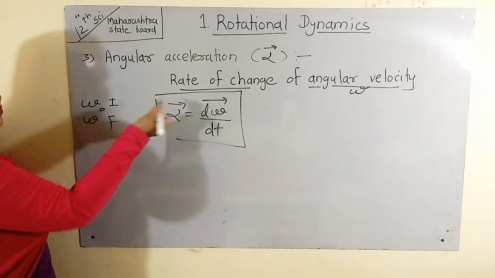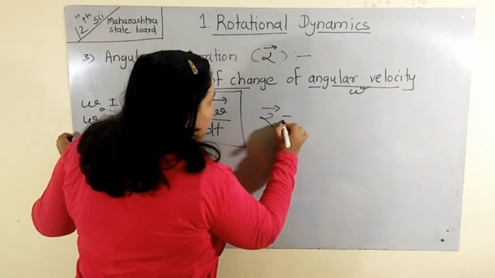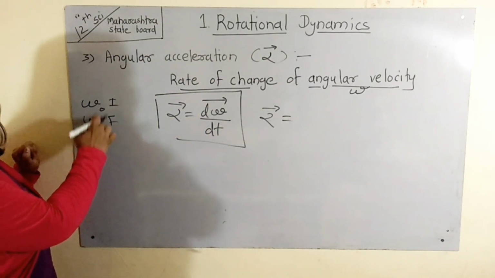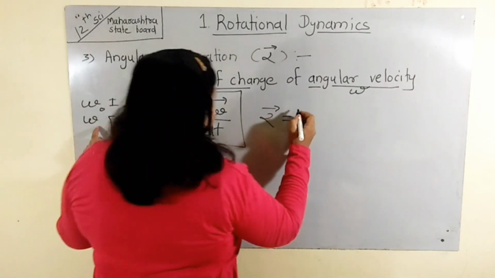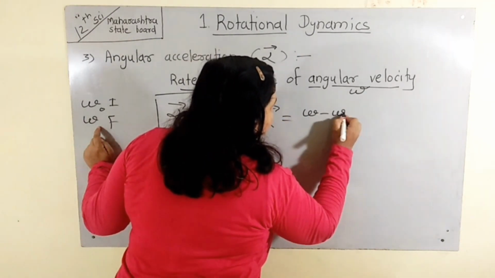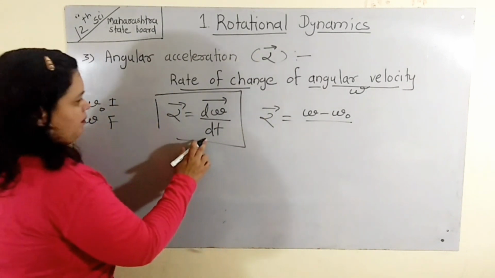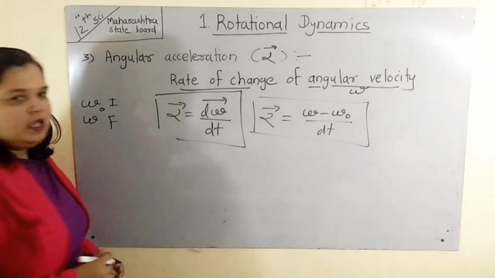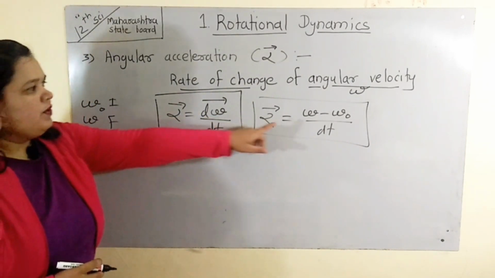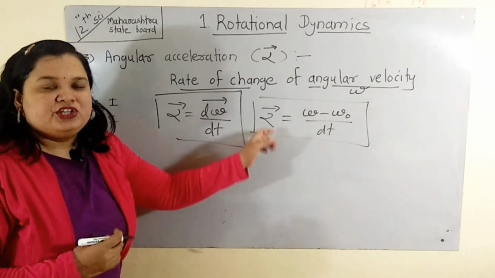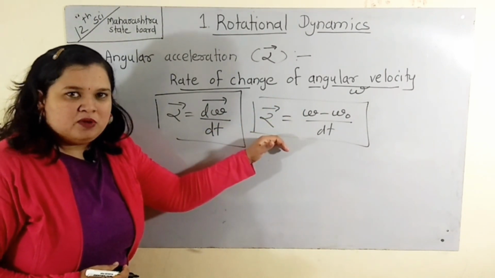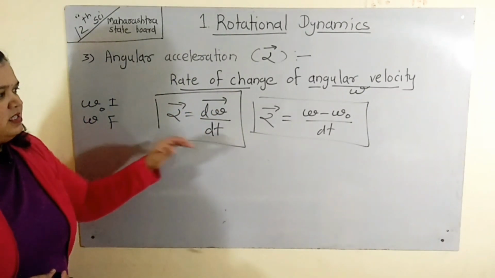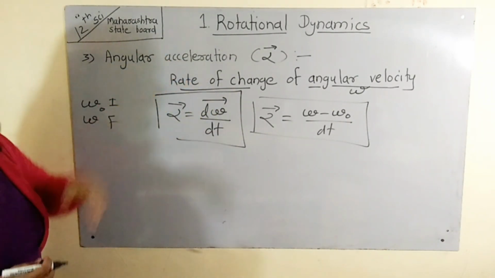So we can write the formula as vector alpha is equal to the change in angular velocity, that is final angular velocity minus initial angular velocity, omega minus omega 0, divided by time taken dt. This is the formula for angular acceleration. If we are given two values of angular velocity, initial and final, we have to consider this formula. If we are given just a change, then we have to consider the earlier formula.